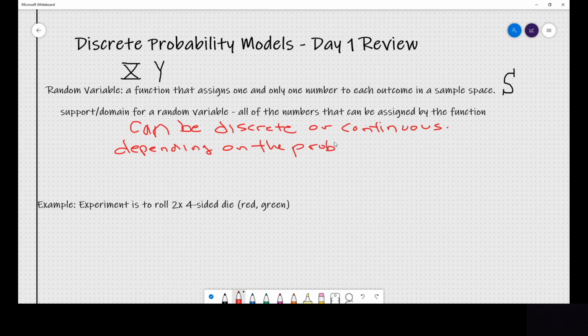And in today's lesson, we're really talking about discrete, right? So that's what we're going to be focused on today. And then later on, we'll come back and look at the continuous ones.